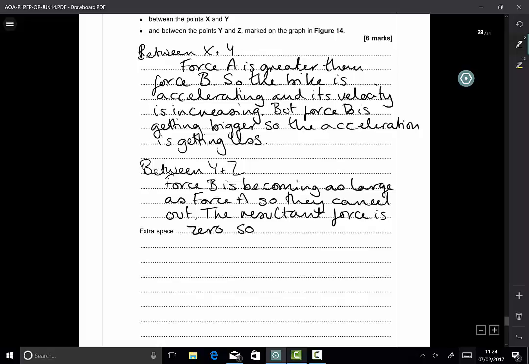So there's no acceleration. So there is no acceleration and speed stays constant. And there's a fancy name for that, which is terminal velocity.